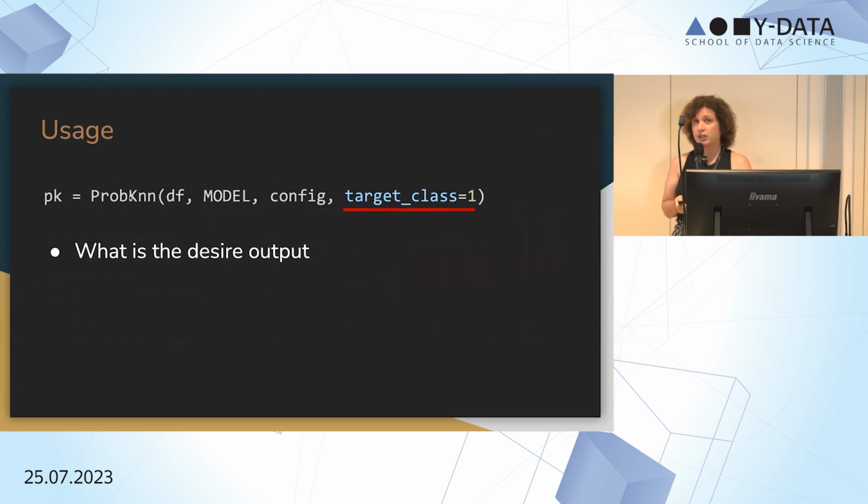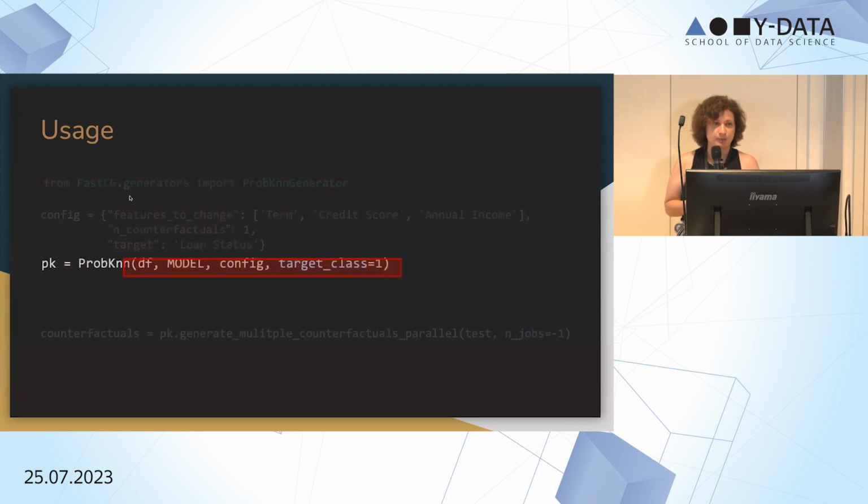And also the user has the possibility to define the feature range. For example, he could say that he wants his income to vary from -10% to 10%, not more. But of course, there is a risk this time that there will be no counterfactual. So in that case, the user should relax the restrictions.